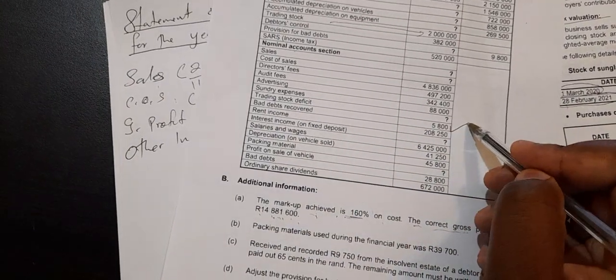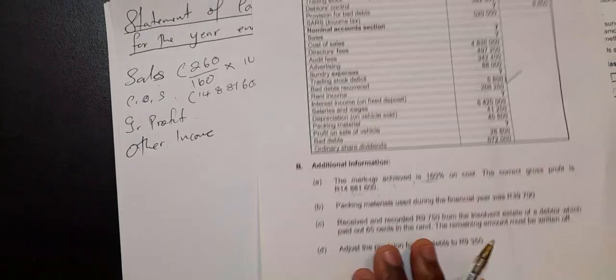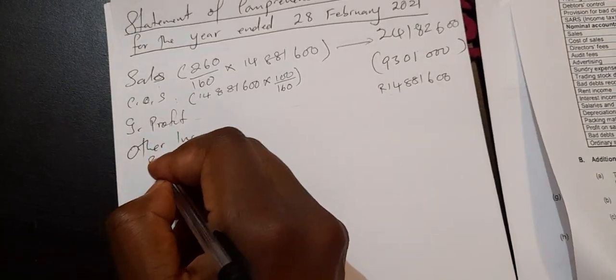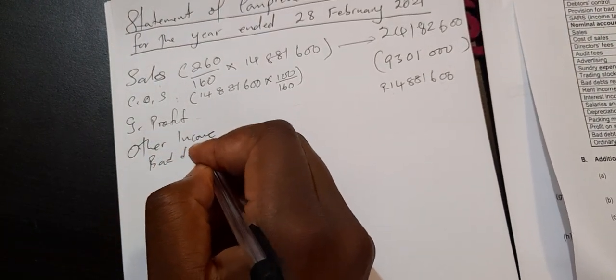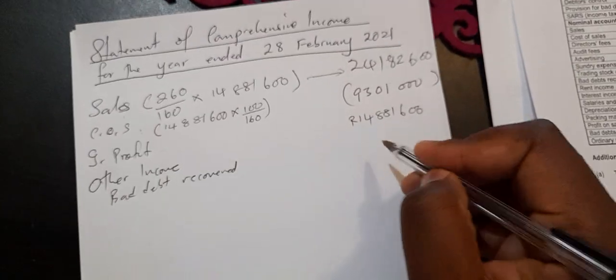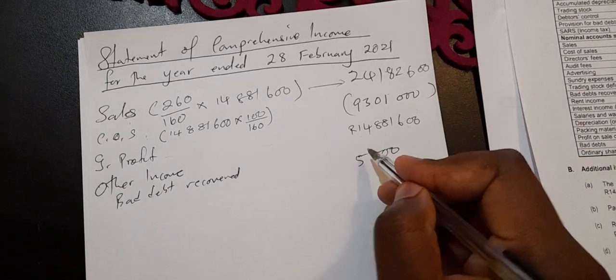Yes, we have a bad debt that is recovered of 5,800. That's another income that we have. So bad debt recovered of 5,800.